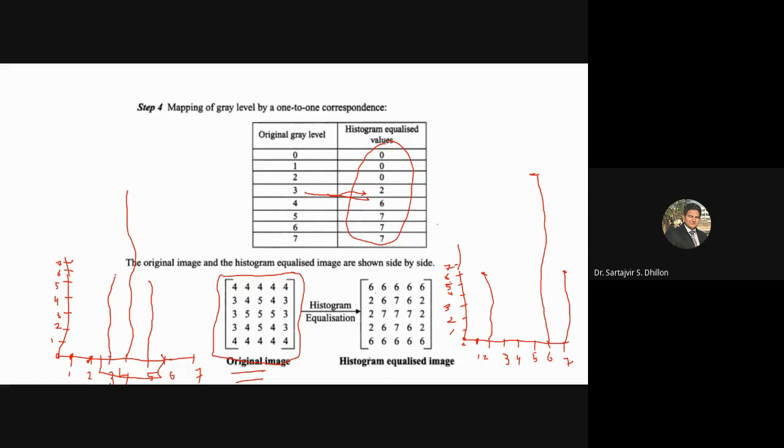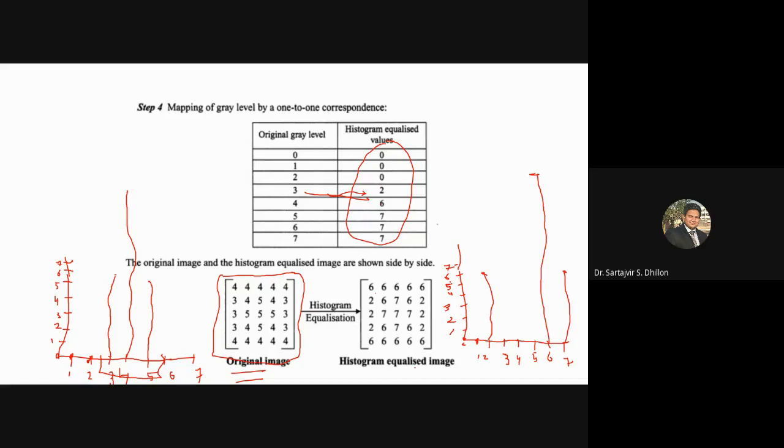Please note that this is a very small image, so we are not able to get values in between 2 and 6. But definitely when you are working on a large size image, you will get values at this particular point.